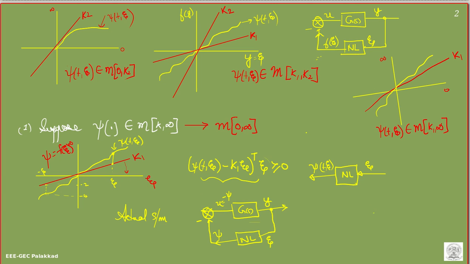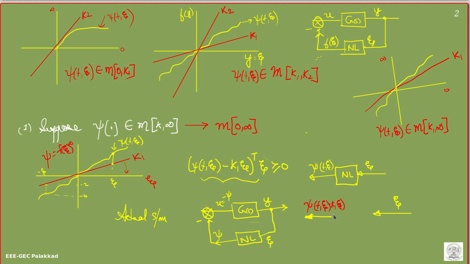So I can write here, I have some zeta as input and some output here, xi of t comma zeta minus k1 zeta. This is a new nonlinearity.